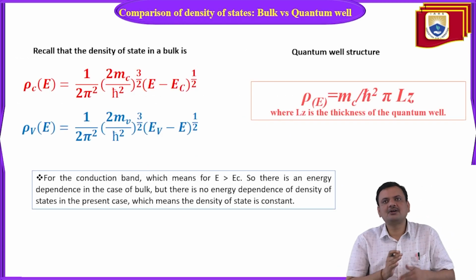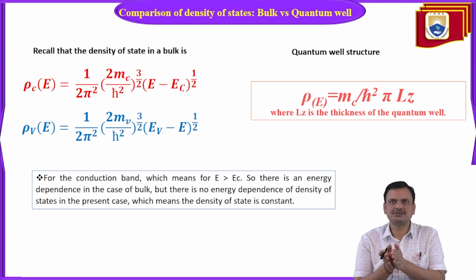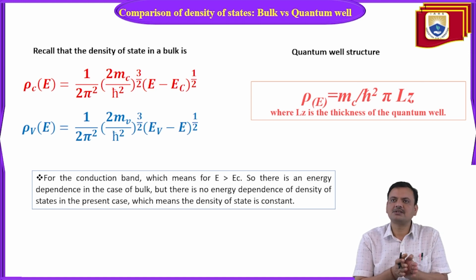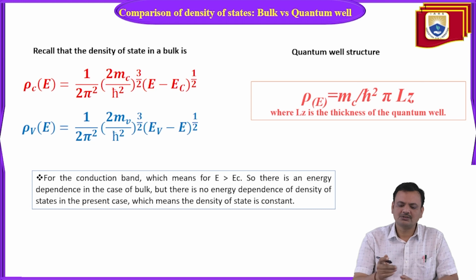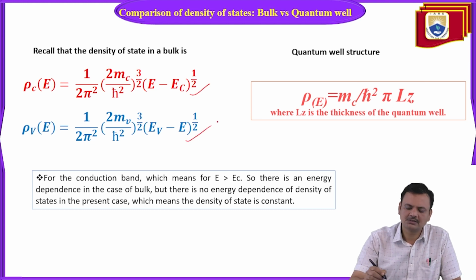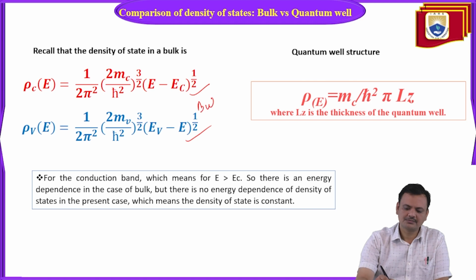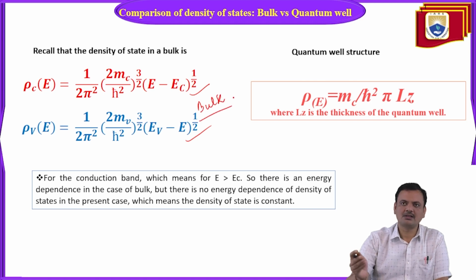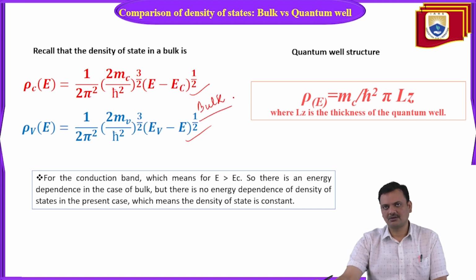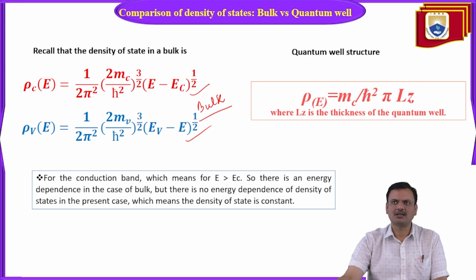Now, comparison of density of states in bulk versus quantum well structure. So these are the expressions for density of state. This is for bulk, where all the dimensions are free. An electron inside the specimen can travel in any possible direction.